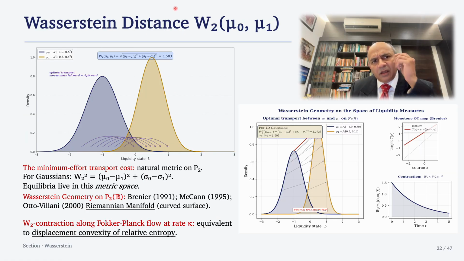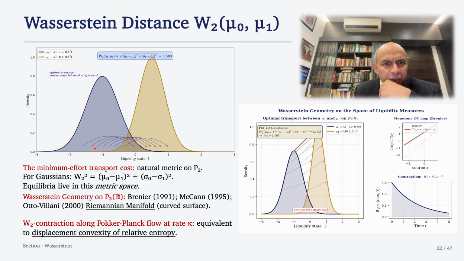Here, we make the Wasserstein 2 distance more concrete. It's the minimum effort cost of transporting one distribution's mass onto another. And it's the natural metric on P2 where the mean field game equilibria live. Closed form for Gaussians.